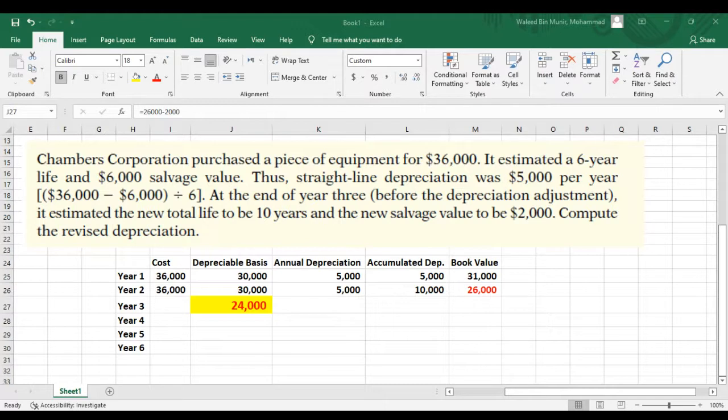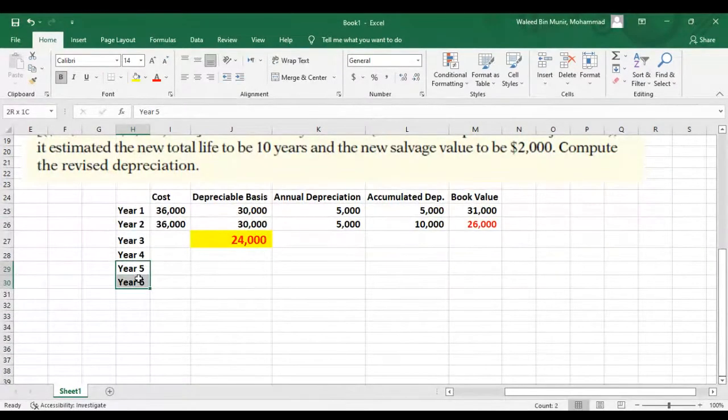Now from here you'll see what is the remaining useful life. Remember what the question says, that before we said that life is 6 years. Now you're saying no, not 6 years. Now you are revising your schedule. When you reach here, you are changing your estimate.